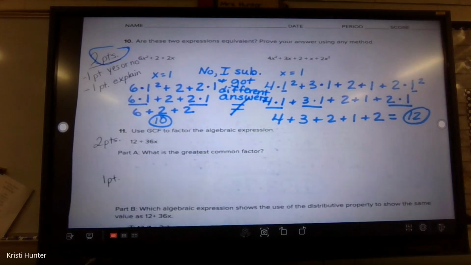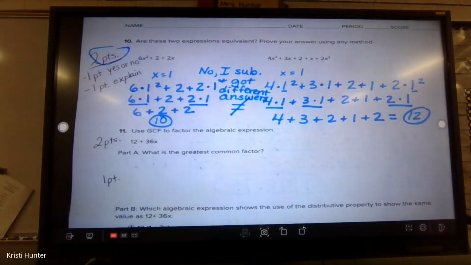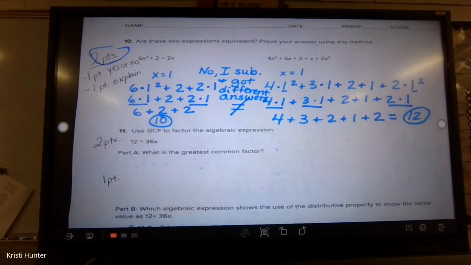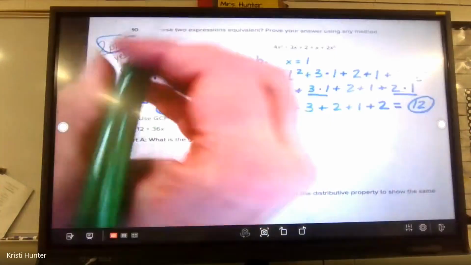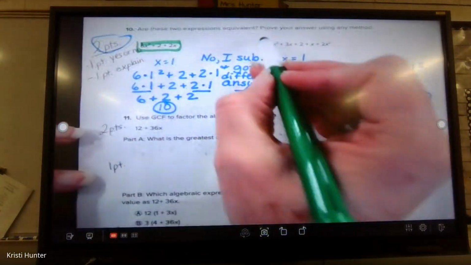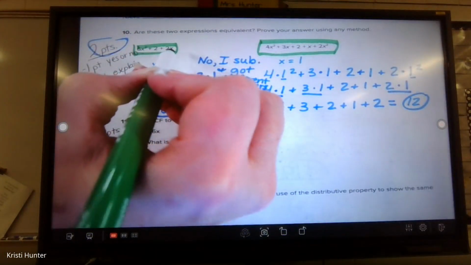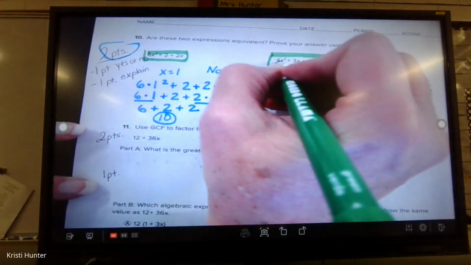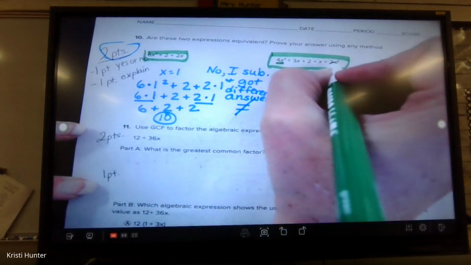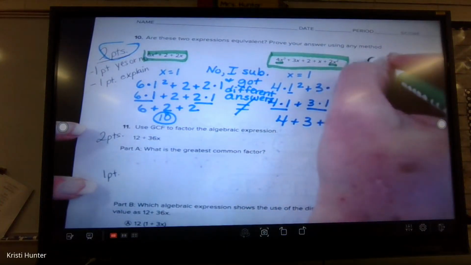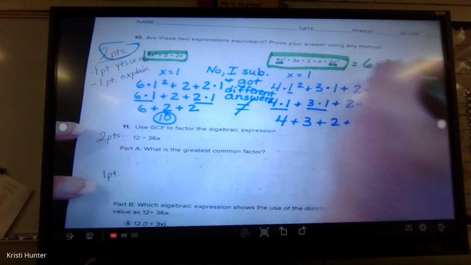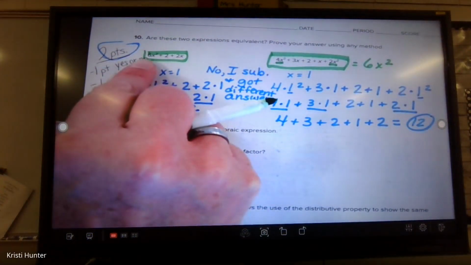The other way that you might want to do it is by combining like terms. So when I look at these 2 equations here, I notice that I can't simplify this any. But if I come over here, I have 4x squared and 2x squared. So that's the same as 6x squared, which is exactly what I have over here.